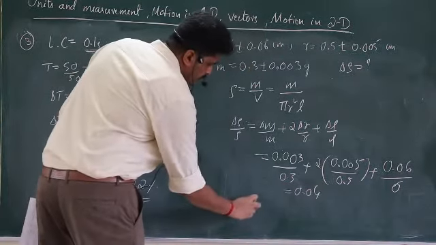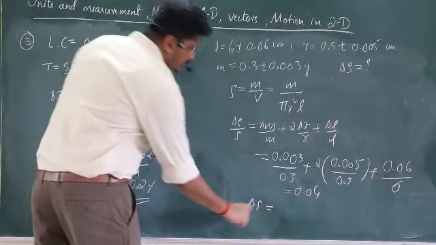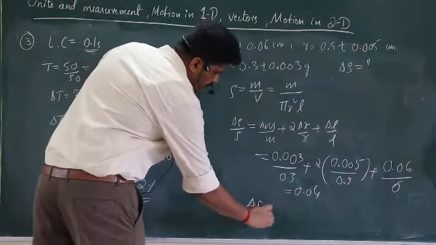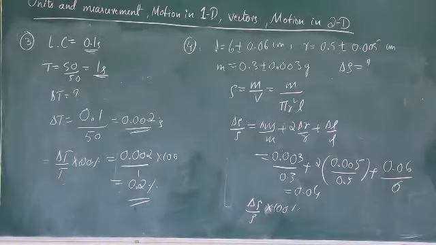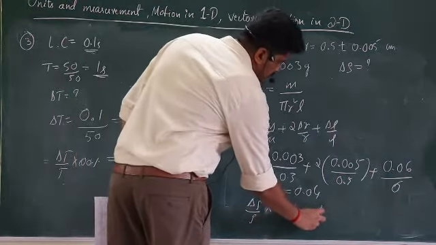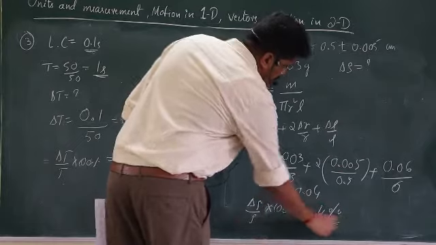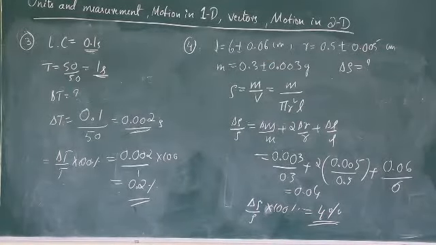So therefore delta rho, the percentage error, delta rho by rho into 100%, that is nothing but 100 into 0.04. Answer is 4%. Correct? Just check the substitution.